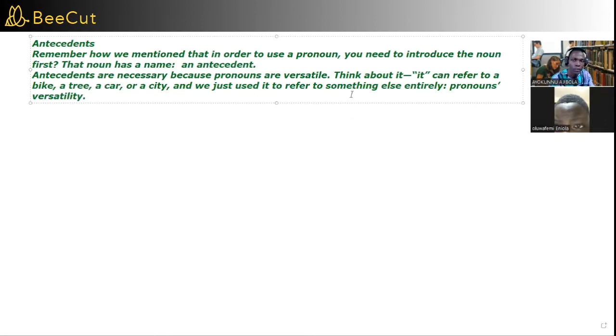So pronouns are versatile. This is talking about the versatility of pronouns, using the word it to refer to almost anything. That is why the noun has to be specified before. There should be an antecedent directing us to which noun the pronoun is about. Let's look at a few examples.